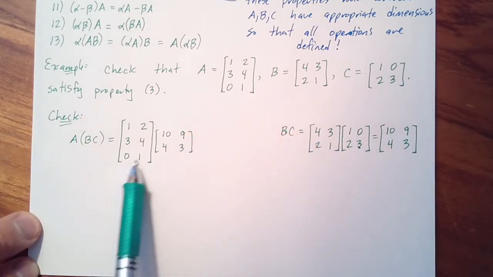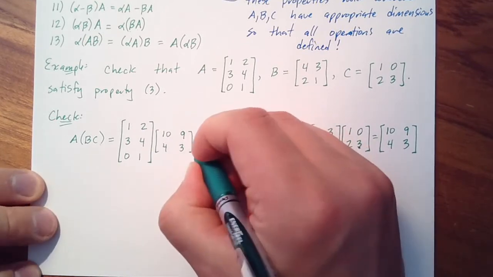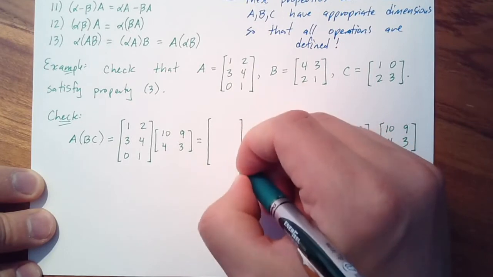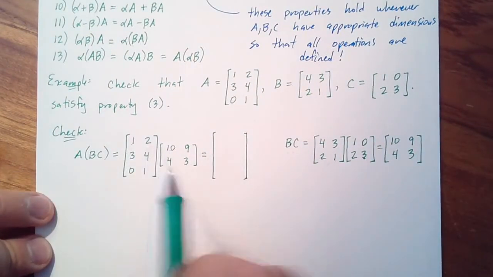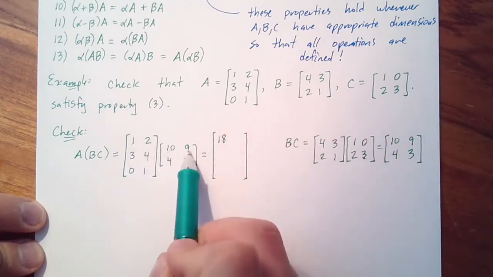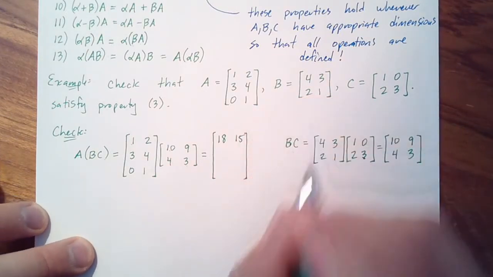We've got a 3 by 2 and a 2 by 2. So the result will be defined, and it will have dimensions of 3 by 2 as well. Let's work out the entries. 1 times 10, 2 times 4, that's going to be 10 plus 8. 1 times 9 and 2 times 3, that's going to be 9 plus 6, which is 15.